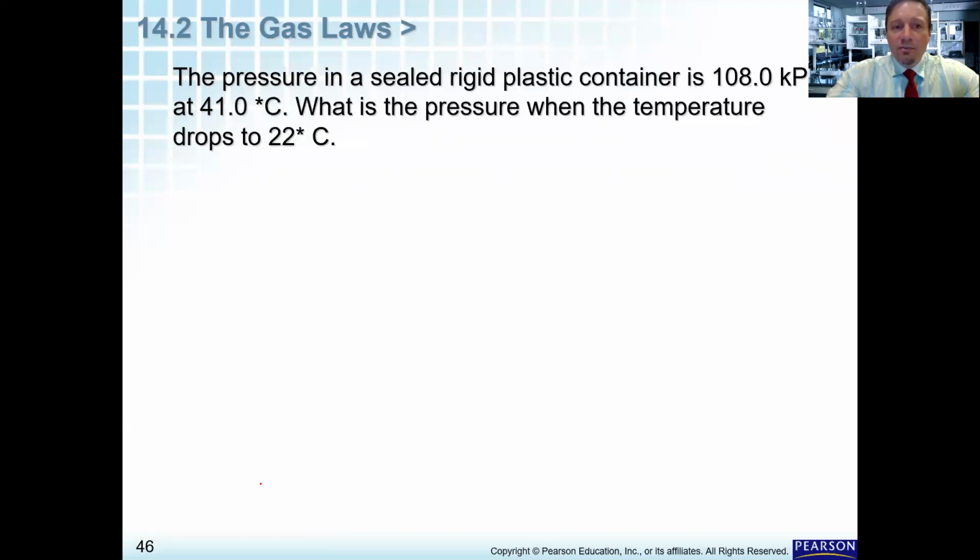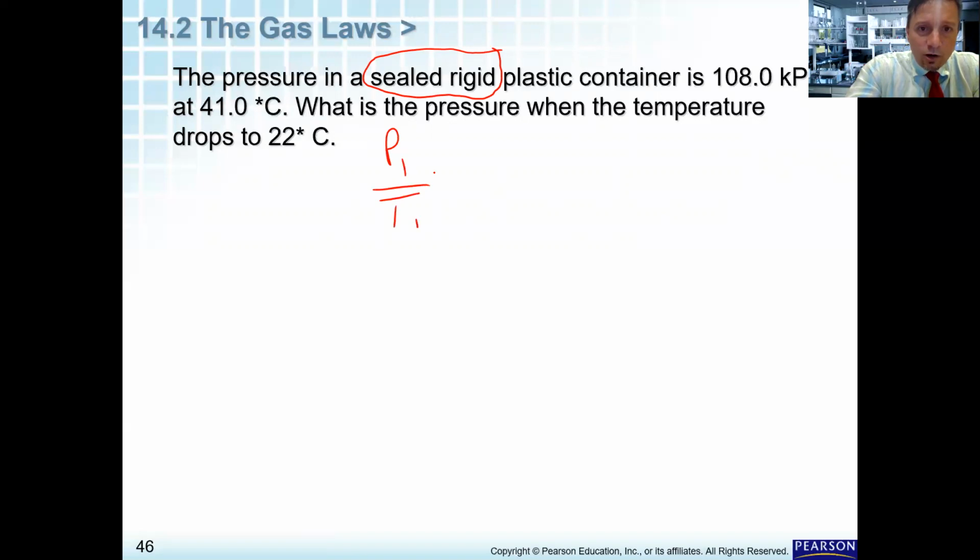They're giving me pressure and temperature. I don't see anything about volume, but my answer lies right here: a sealed, rigid container. A rigid container doesn't flex, so the volume is constant. That tells me right away I'm going to be using P1 over T1 equals P2 over T2.